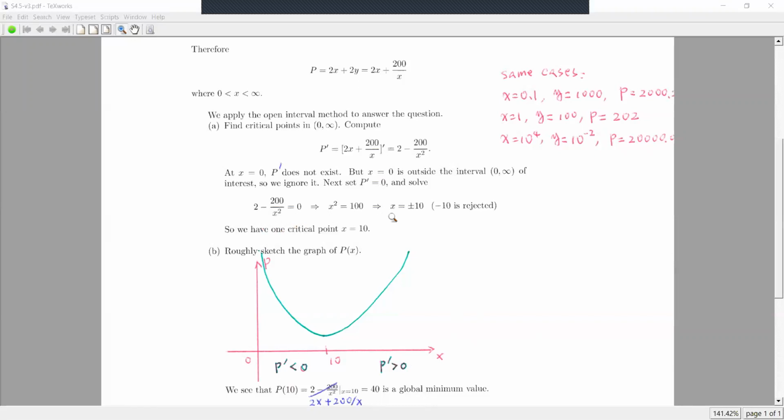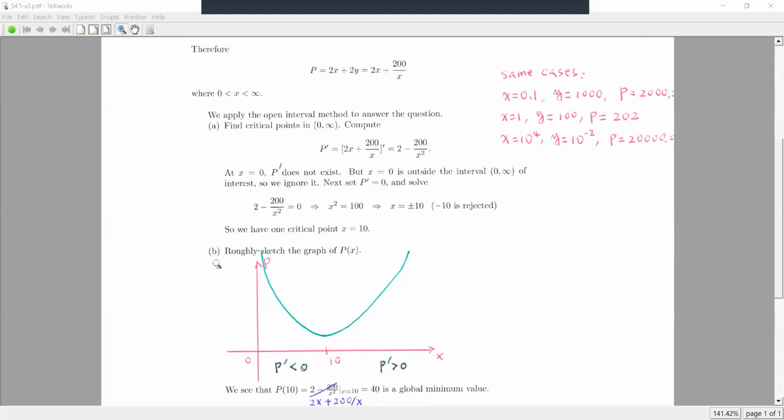Then we get x is positive 10 and negative 10. Again, negative 10 is outside the interval of interest, so we reject negative 10. So inside this interval, only one critical point. It is 10.